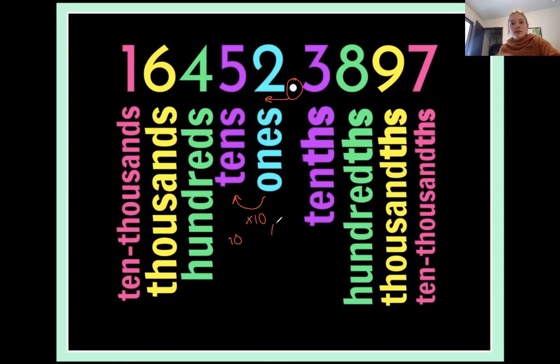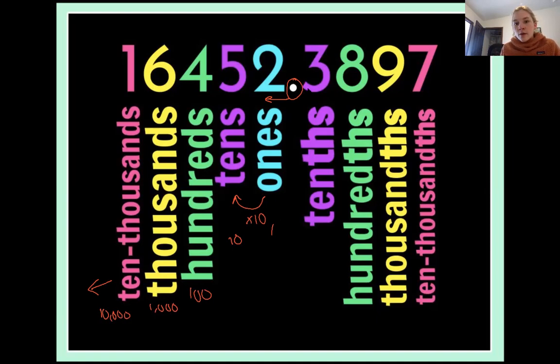So it's a multiplier of 10 from each place value, if that makes sense. So we have our ones, our tens, our hundreds, our thousands, and then our 10,000s in this example. But obviously, it just keeps going on to millions and billions and trillions and so forth.